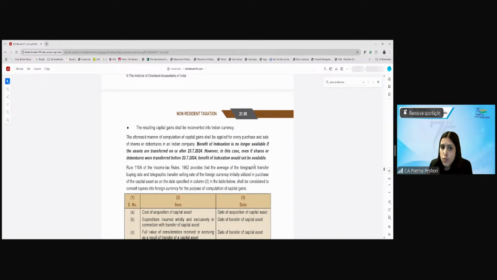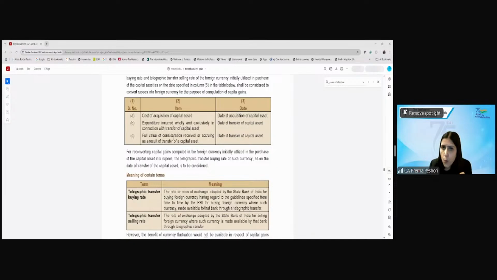What is the foreign exchange fluctuation benefit, students? We will convert our cost, our sale consideration, and expenses on transfer using the foreign exchange rate as on the date of acquisition and date of transfer for the full sale value. What is the rate that we will use?